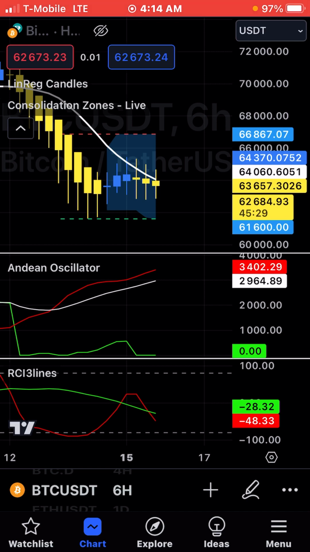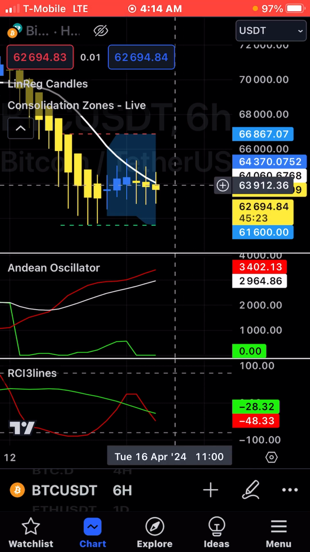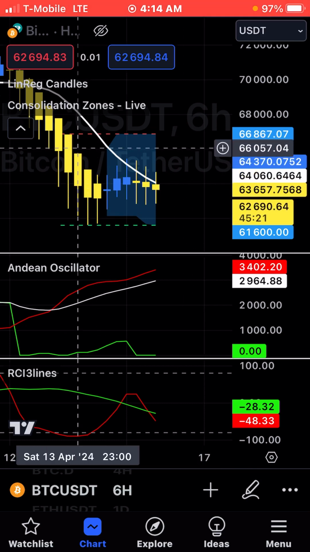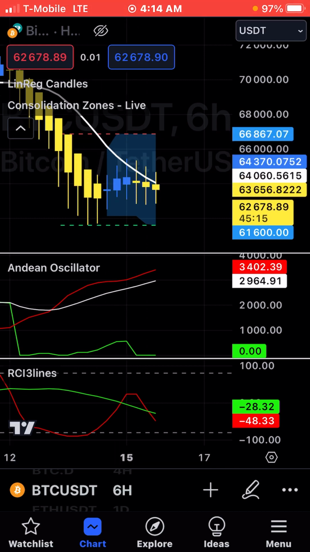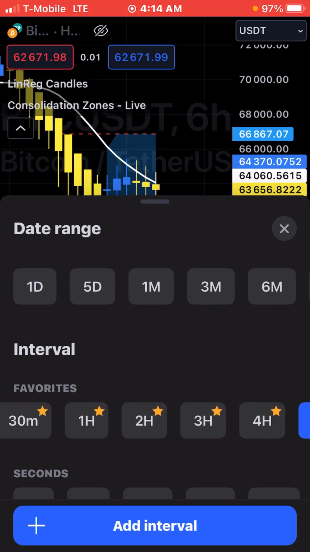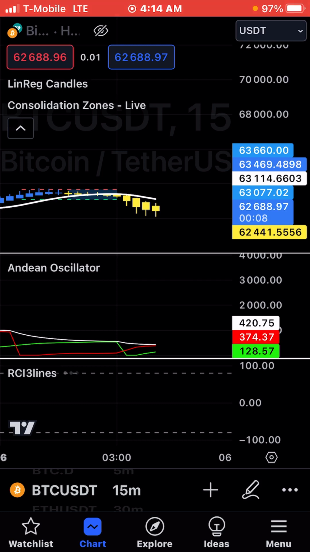You find the last 2 candles, and really you want to enter when you have 2 healthy candles, like these ones over here. This is a healthy downtrend over here. Right over here it's consolidating, but for the sake of this video, we're going to be looking at the smaller time frame. So I usually go to the 15-minute here.